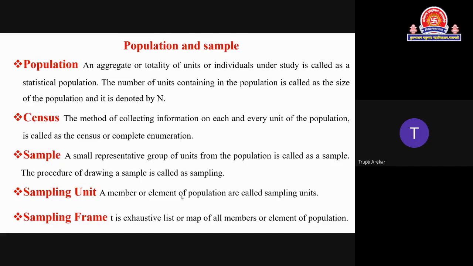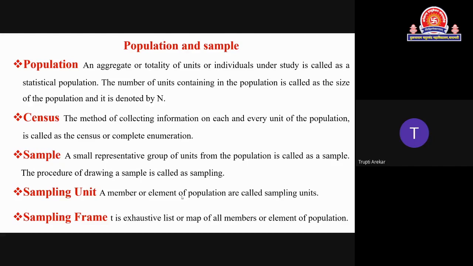Population may contain finite or infinite elements, and accordingly it is called a finite or infinite population. However, many times we record some quantitative or qualitative characteristic of each member in the population. These observations are collectively called the statistical population.